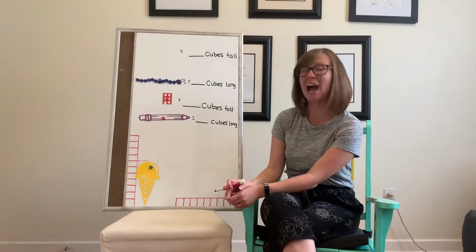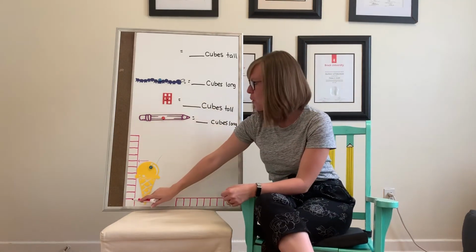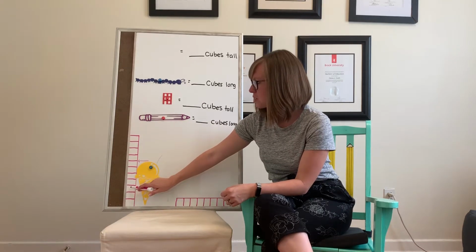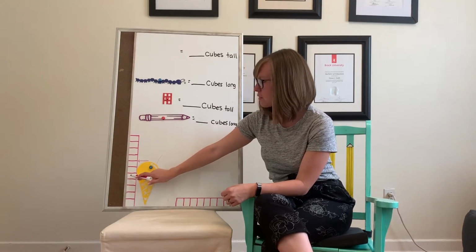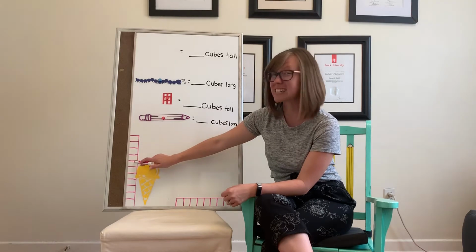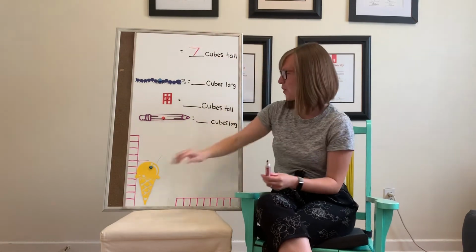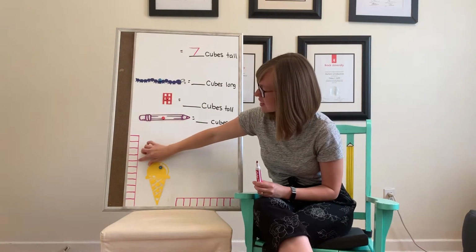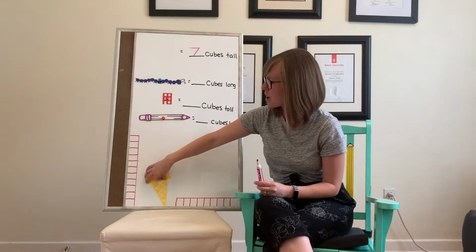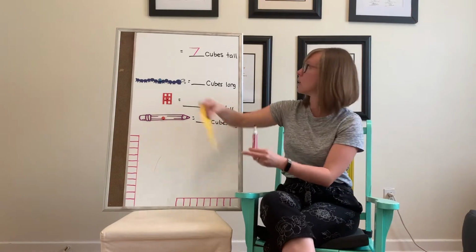So let's count and see how many cubes that is. 1, 2, 3, 4, 5, 6, 7. This ice cream cone is 7 cubes tall. There we go.